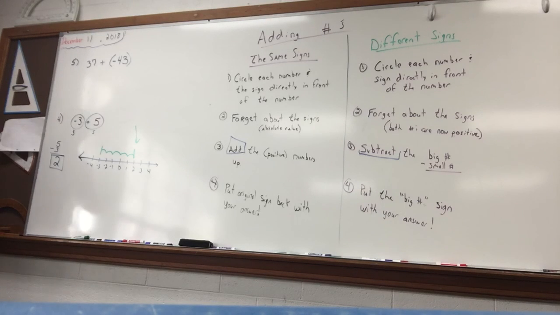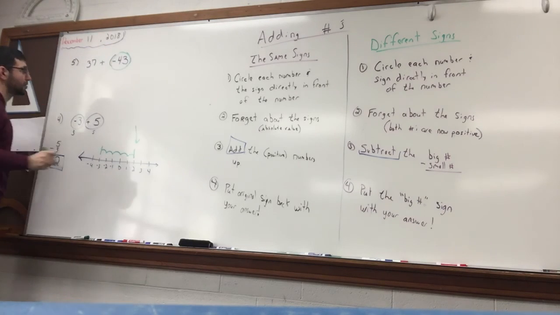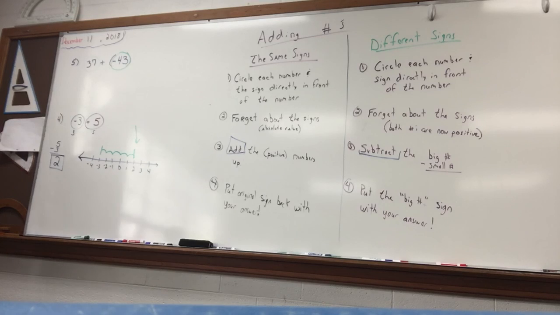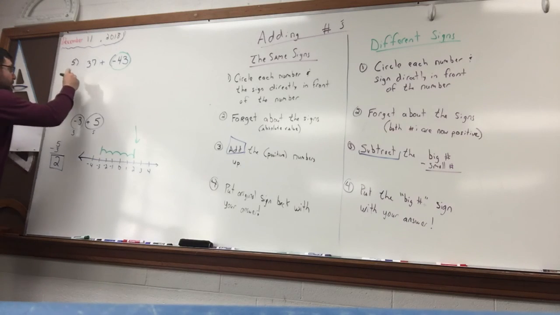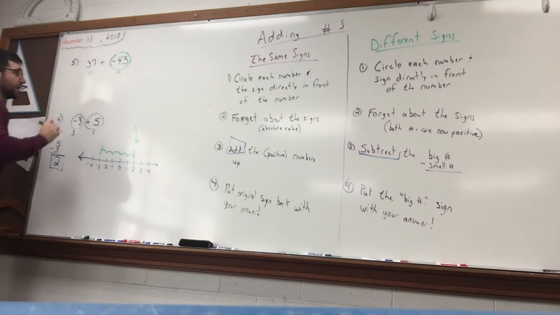So circle 37, okay? And then circle negative 43. So what am I circling, Taylor? Negative 43. Okay. And what's the question you're asking yourself now that you've circled them? Do they have the same sign? Okay, do they? No. So you take 43 subtracted by 37. So these both become positive, right?